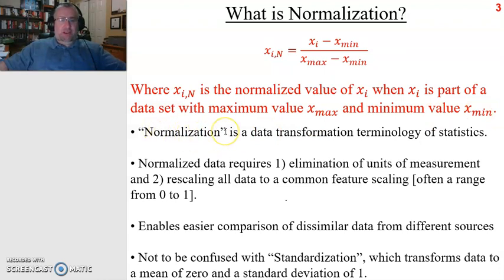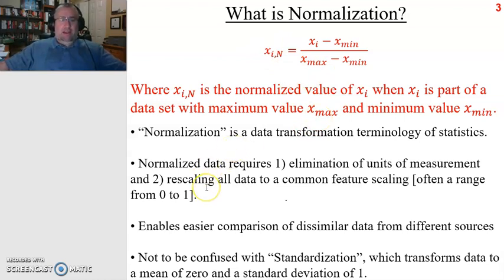Okay, so what is normalization then? Normalization is a data transformation technique and terminology used in statistics. All normalization requires is that the data first be stripped of its units of measurement, right? As I mentioned before, this equation gives you a non-dimensional number, so we're going to remove the dimensions and make all of our normalized values non-dimensional.